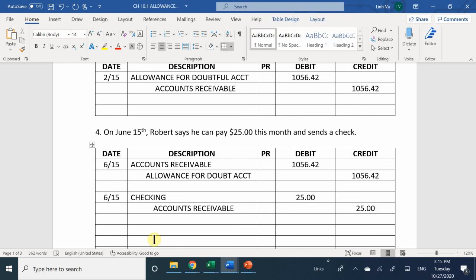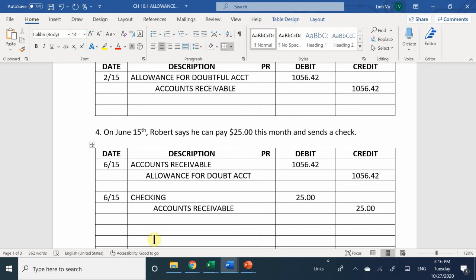This is where I want to interject. You are reactivating the accounts receivable, which is zero interest. Your business may say, I can pay you $25 a month. I make a contract with you. In that case, what account instead of accounts receivable would you use?